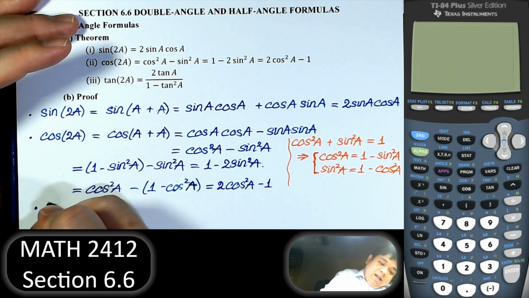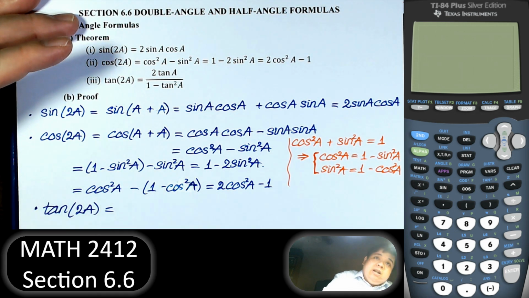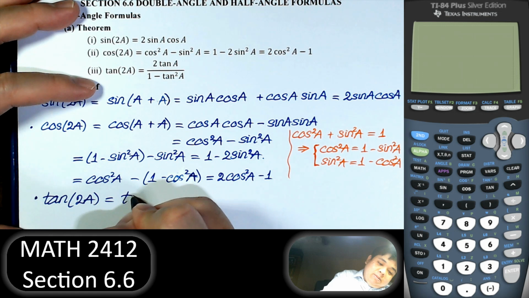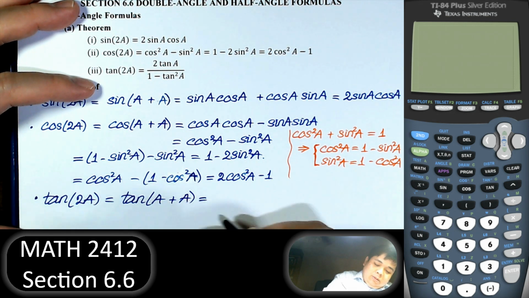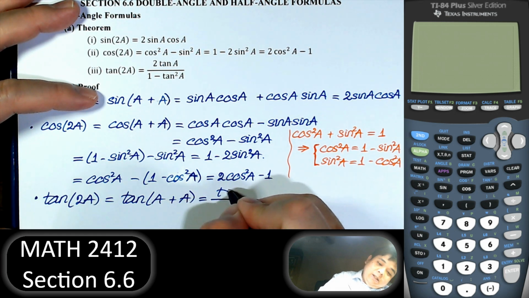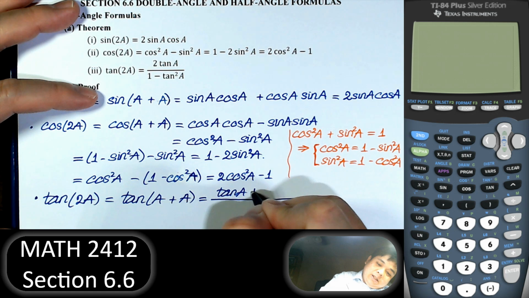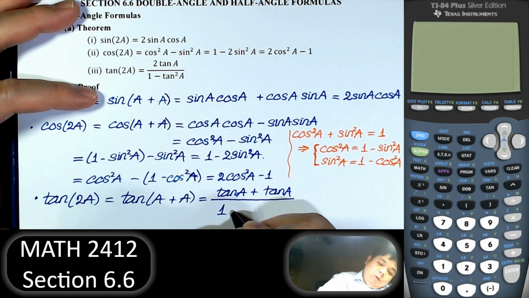And then we have tangent of 2a. Once again, we write it as a sum. And tangent of a sum is the sum of tangents over 1 minus the product of tangents.